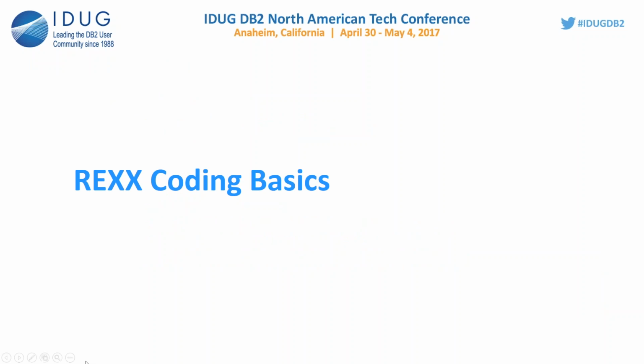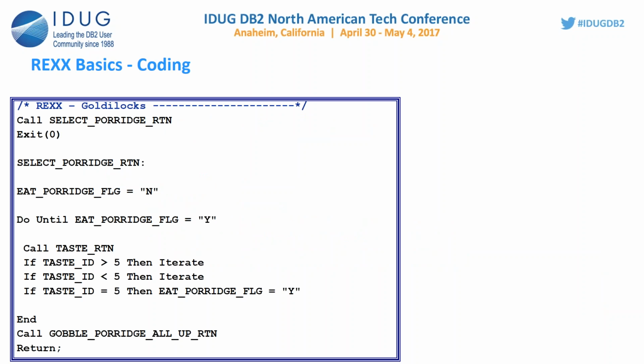All right. So let's take a little bit of a look at the coding, and then we'll look at some uses. So here's a sample Rich Fazio REXX, and those of you who know Rich will probably recognize this. So you can think of that label, select porridge routine, kind of like a paragraph.